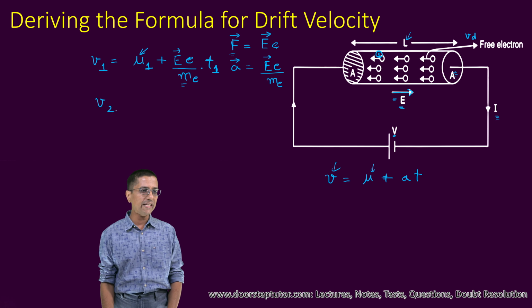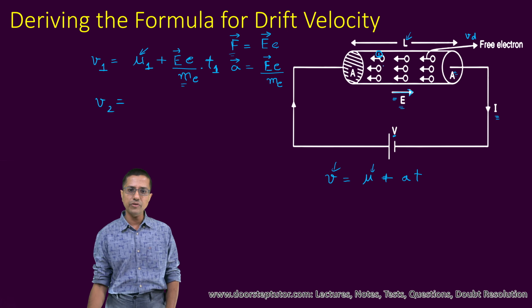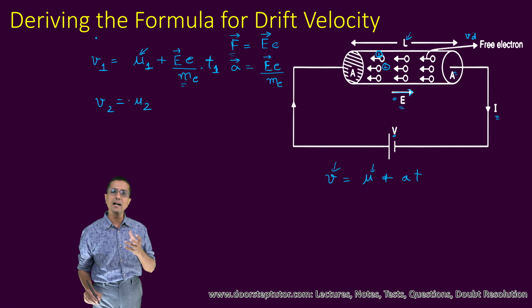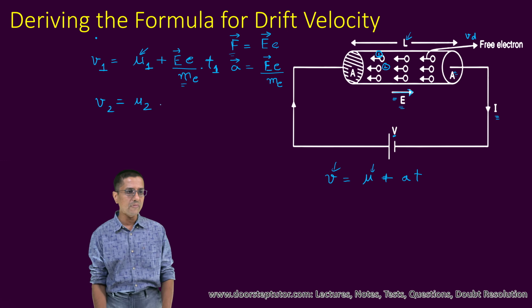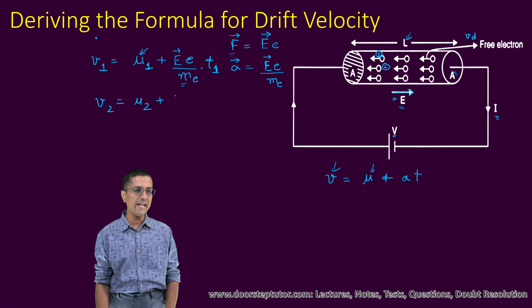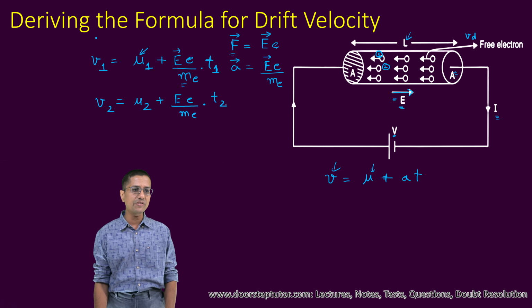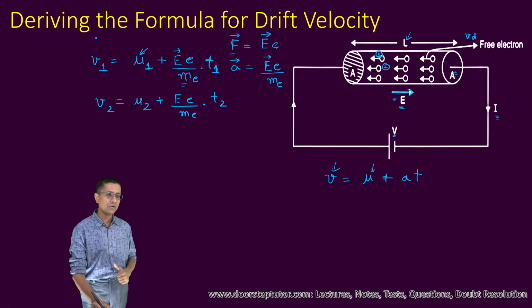Similarly, what about the second electron? Its velocity at any given time will be equal to its velocity at the time of the last collision, plus after the last collision again it would have accelerated, and this acceleration of the second electron would remain the same, multiplied by the time since the last collision, t2, and so on and so forth.